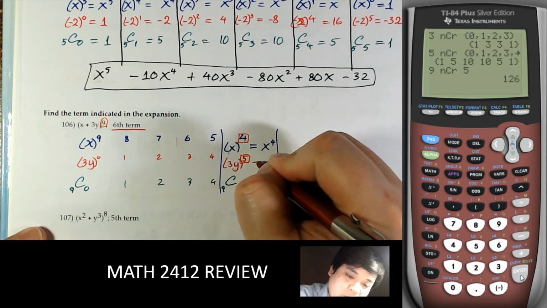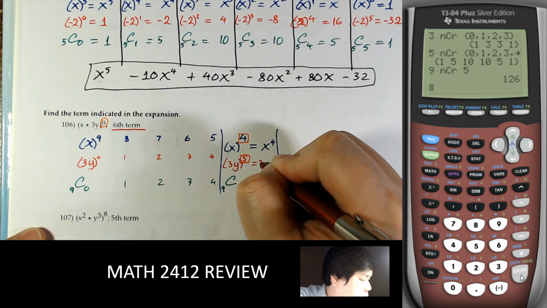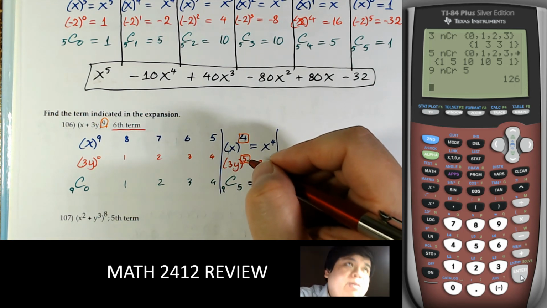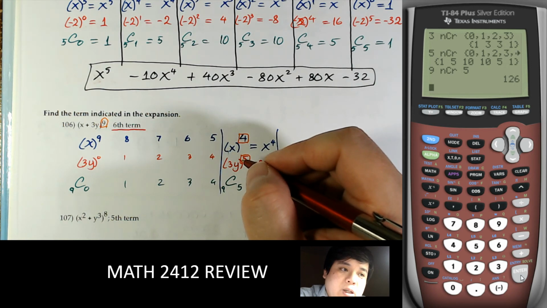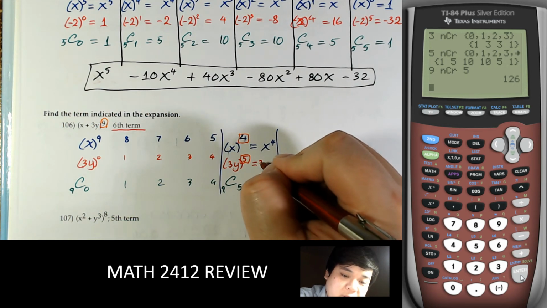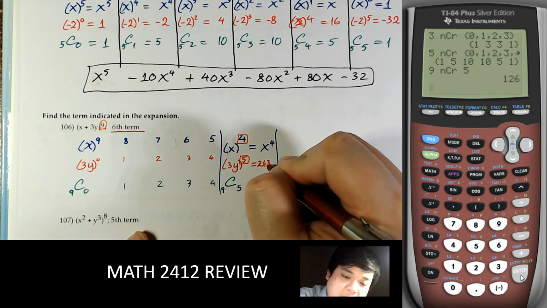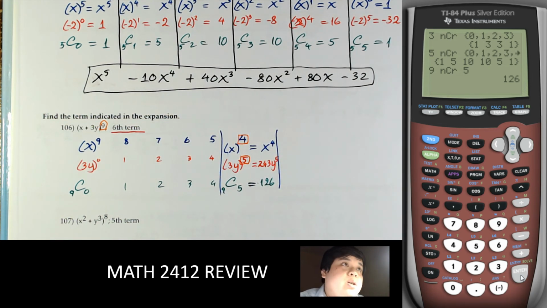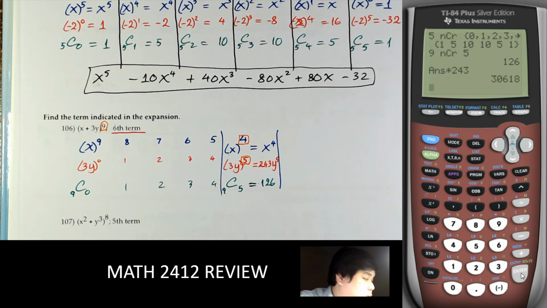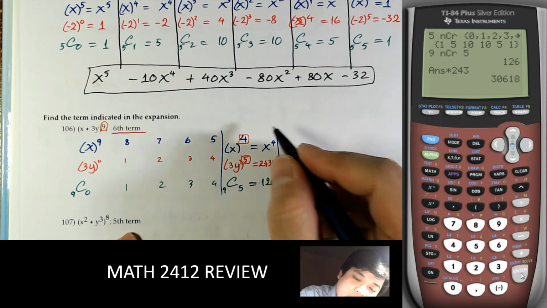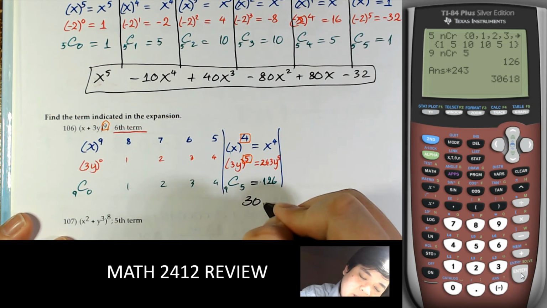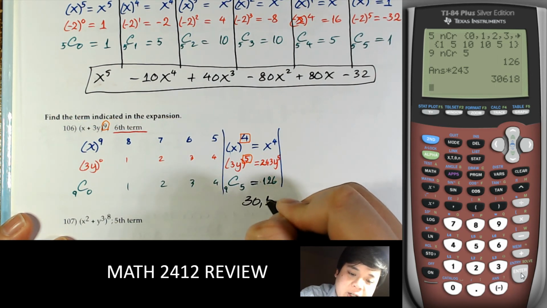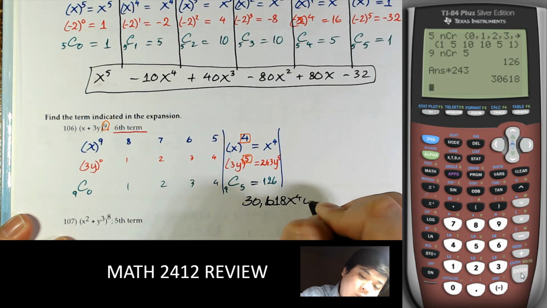And then we have 3 to the 4th power is 81, 3 to the 5th is 243, so 243 y to the 5th, and then that times 126. We multiply all of this in column, and we will have 30,618 x to the 4th, y to the 5th.